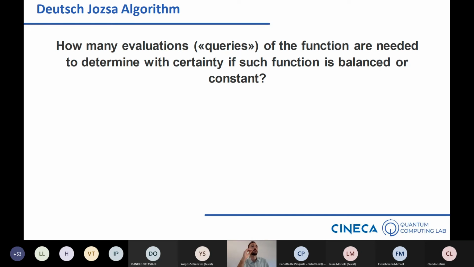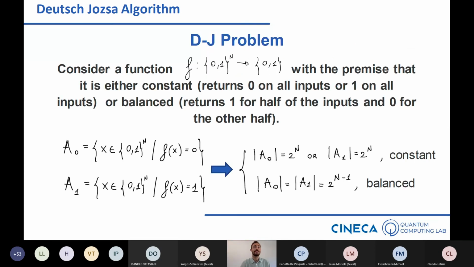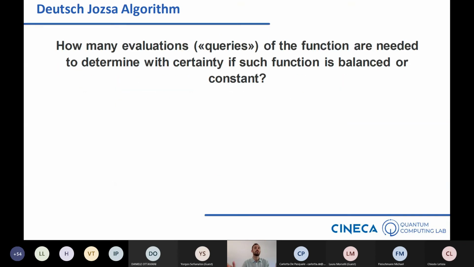Balanced means you get half of the times 1 and half of the times 0, and constant means that you always get 0, let's say. How many times do you want to evaluate f, which means calculate f for different inputs, in order to determine if it is balanced or constant?